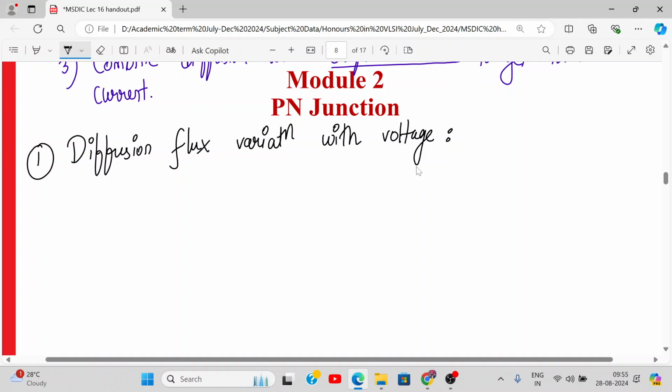Okay. Now first let me draw the energy band diagram. For this we have to draw the energy band diagram. So how is it? I'm drawing it, okay, like this.